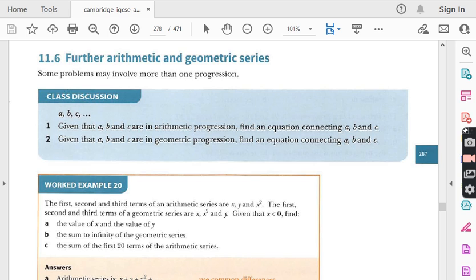You can say this exercise is a mixture of exercises 11.3, 11.4 and 11.5. 11.3 means arithmetic sequence and series, 11.4 geometric progression or geometric sequence, and 11.5 infinite geometric series.